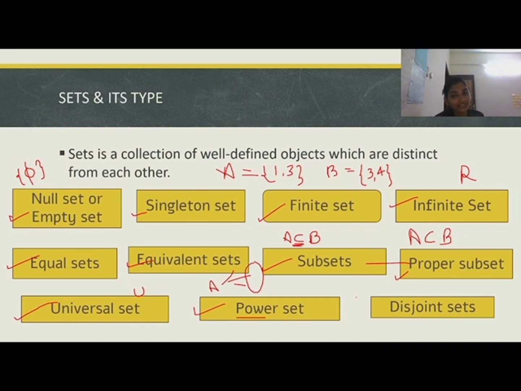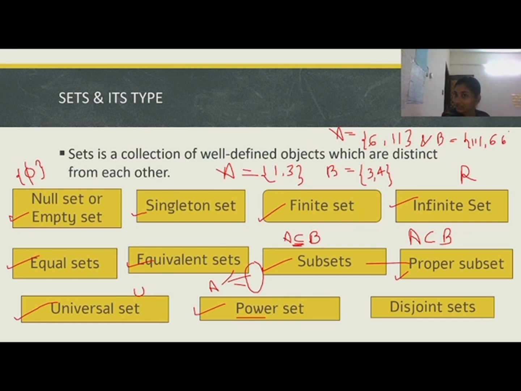Now moving to the last set, disjoint sets. What are disjoint sets though? Disjoint sets means, if I'm making two sets, say A and B, I'll give an example also. Let A be, let's say, 6 and 11. Let me take B which consists of 111 and 60.